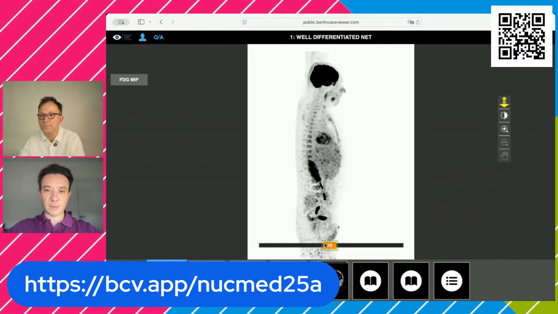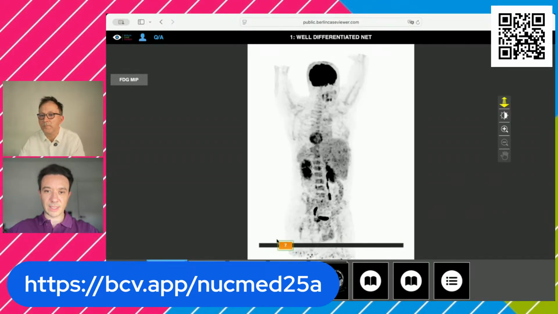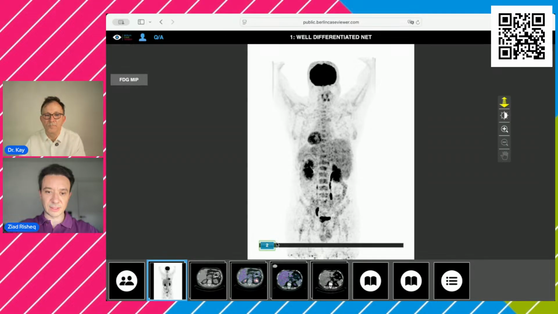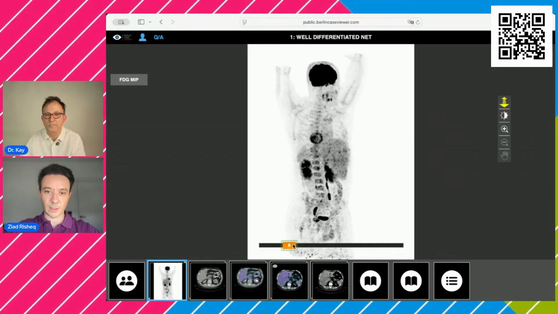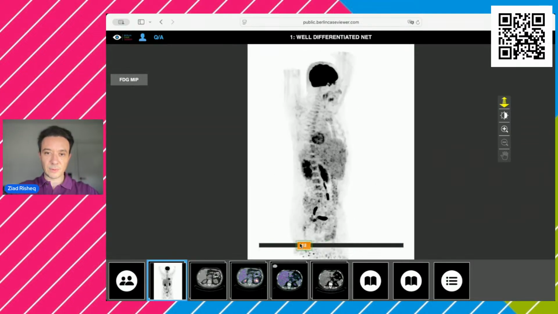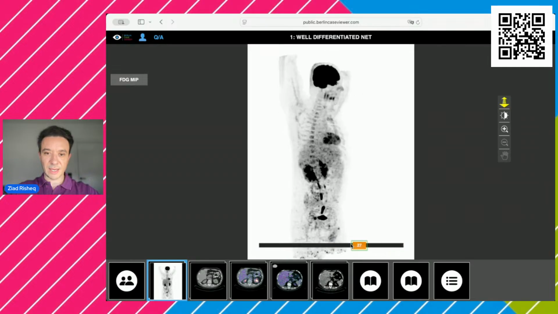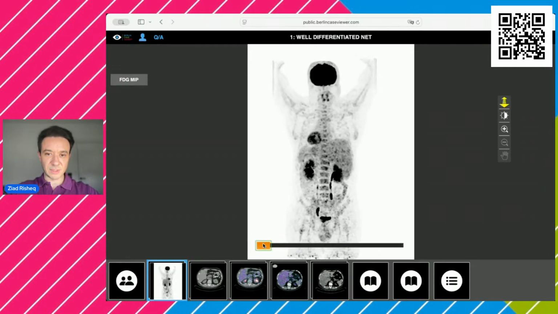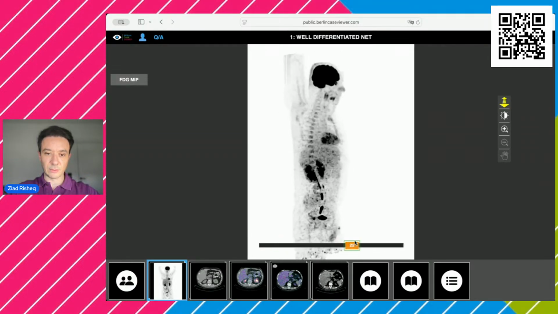Now, this is the PET MIP. As you can see, it's a bit granulated. This is not the best quality of PET image. We'd like to see this as a homogeneous uptake. If you just look at the MIP scan, you can maybe dismiss it as a normal scan, but we need to look further.